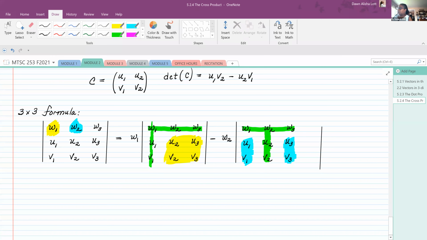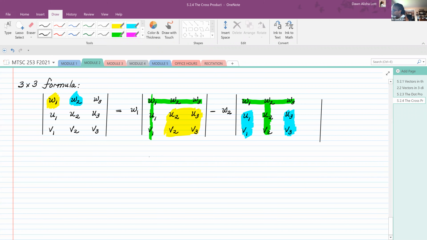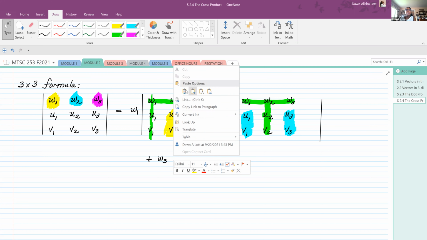And then I'm going to add on the last piece, which is W3. And then one last time to place this determinant.